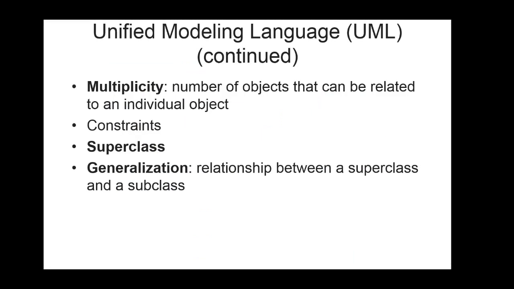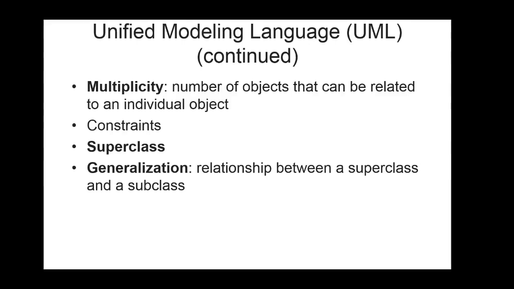At each end of each association is an expression that represents the multiplicity or cardinality of the relationship. As we have discussed before, multiplicity indicates the number of objects that can be related to an individual object at the other end of the relationship. UML provides various alternatives for representing multiplicity. In our diagrams, we can also specify constraints, which are restrictions on the data that can be stored in the database.